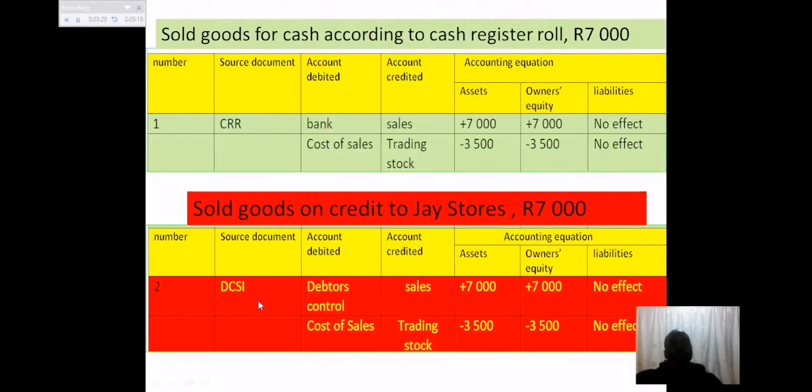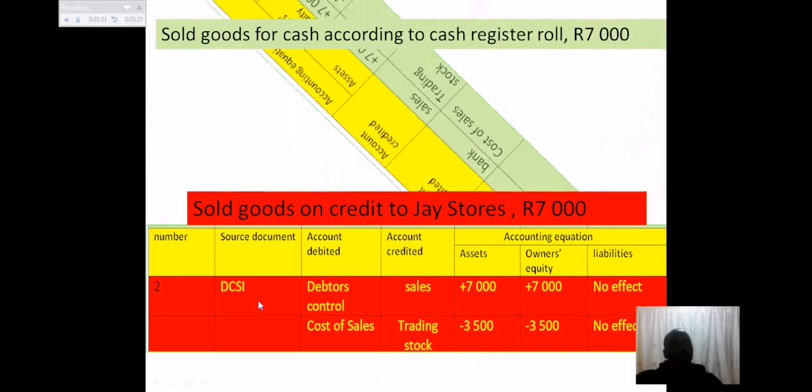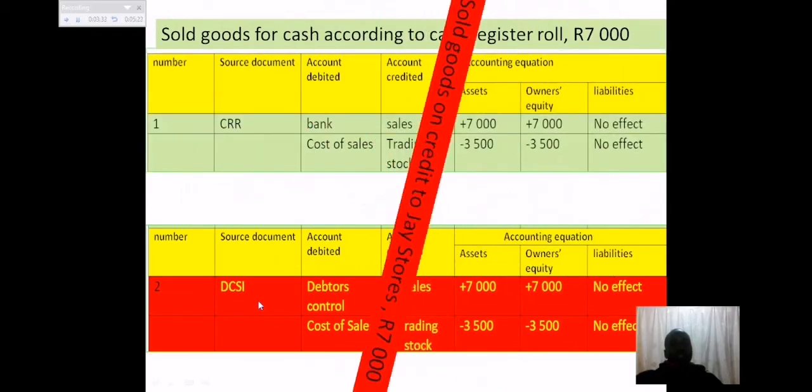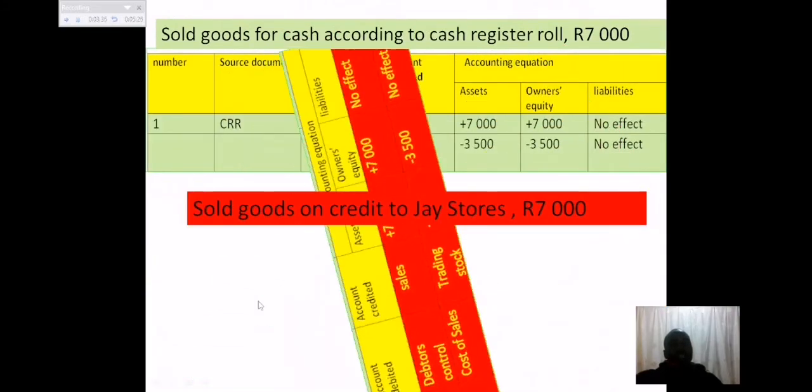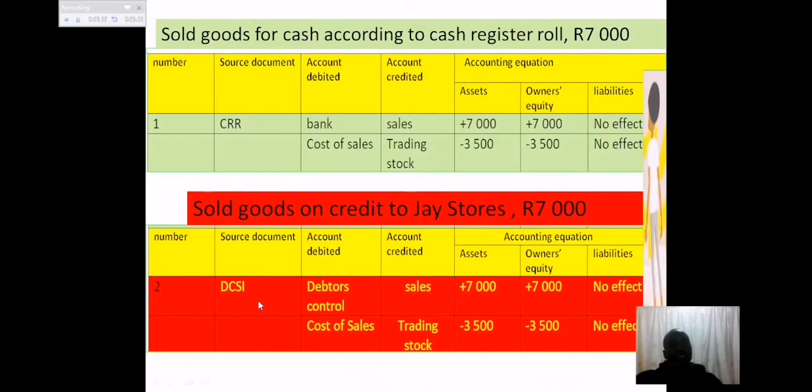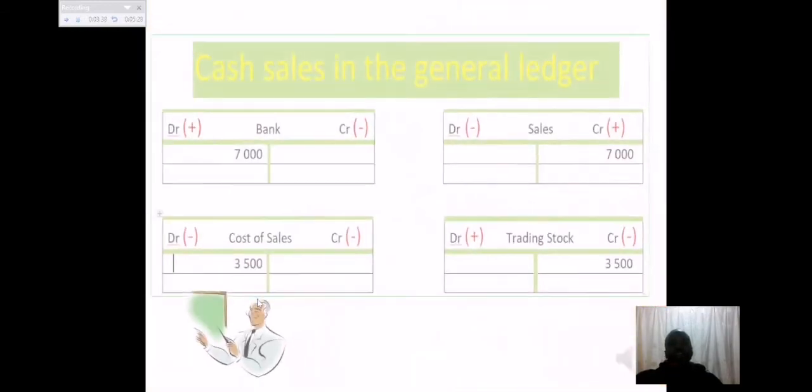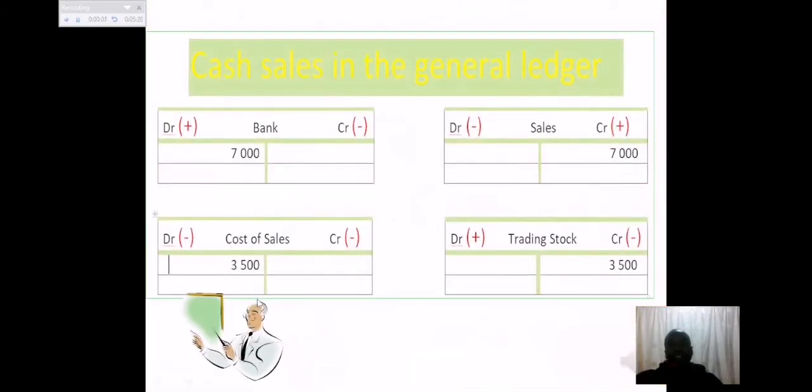Now, when we check on all these things that we have been saying and recording, it takes us to the general ledger, where we were having bank and sales.